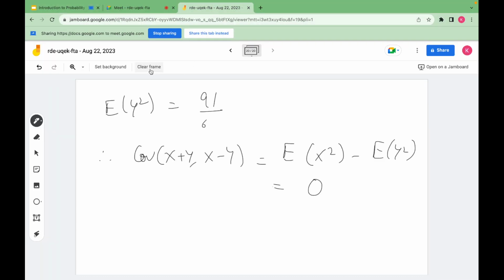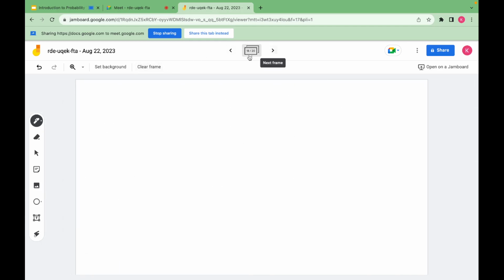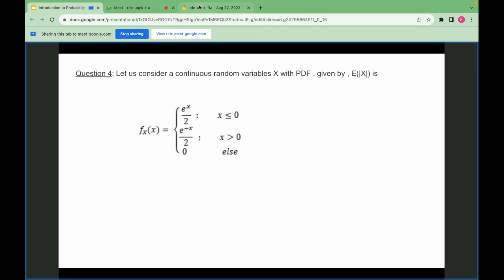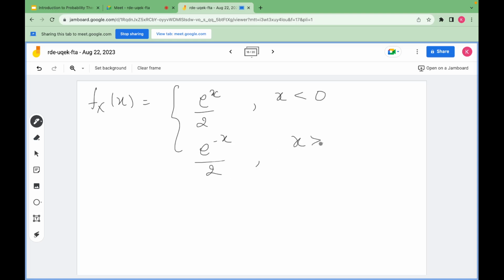Okay, let's solve this question. So we are given this for x less than 0, and for x greater than 0 it is e to the power minus x by 2.